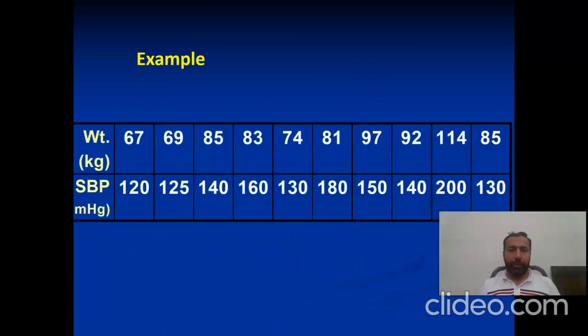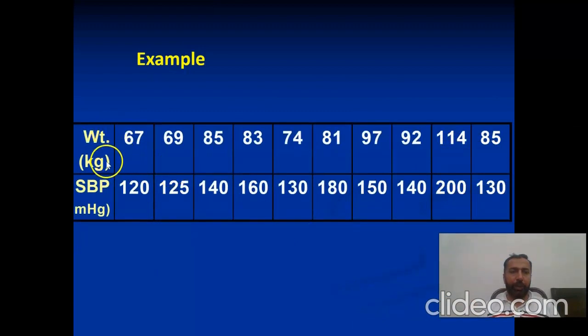Here we have an example. We have weight in kg and systolic blood pressure in the second column. We need to know whether the weight of a person and their blood pressure are correlated with each other or not.